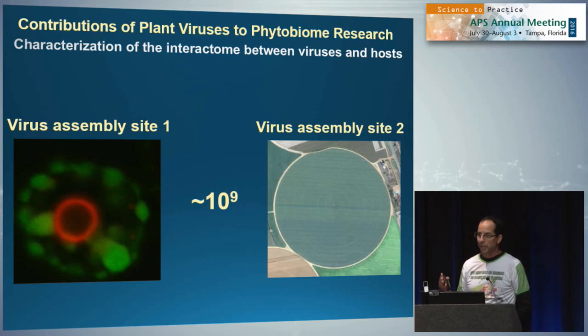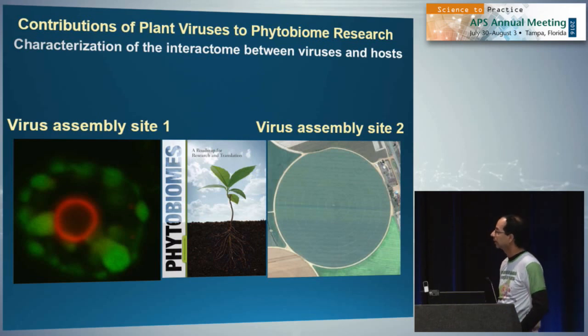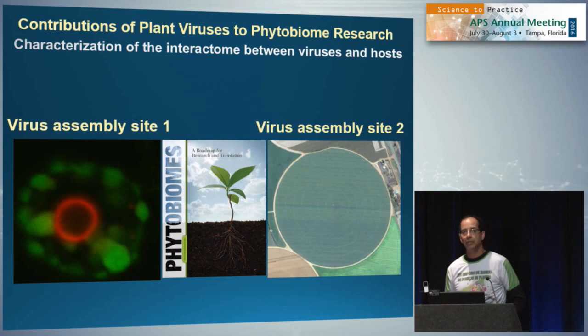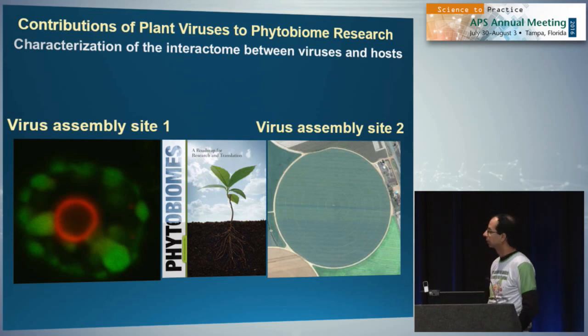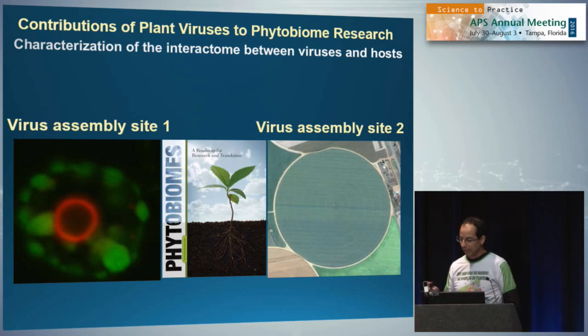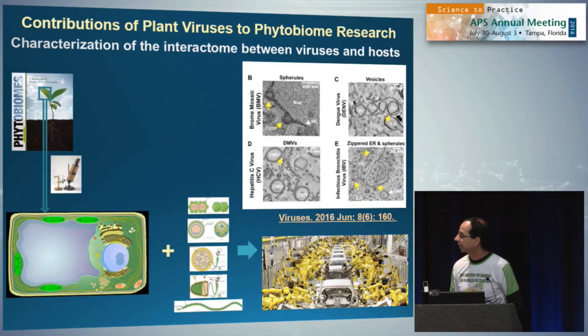A comprehensive understanding of virus and phytobiome data and concepts is going to have to integrate information from both areas. And so I want to address these 2 points in a general integration of how that may play out.